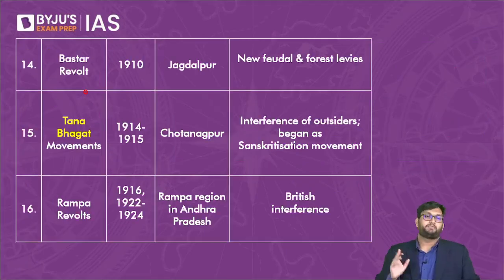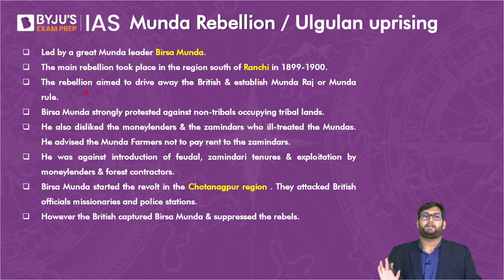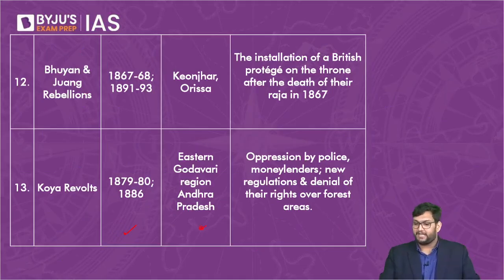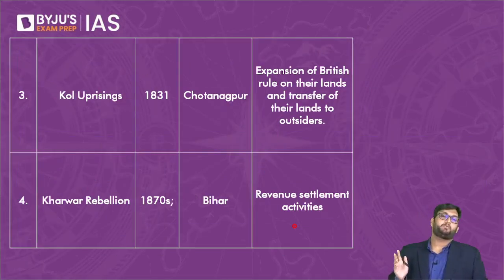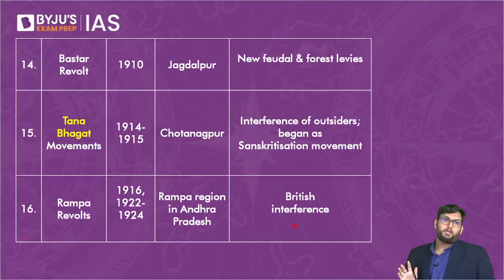Simply, the ones I am discussing, Kol, Santhal, Munda, are the ones we need to actually pay attention to. Other than that, rather than giving you their basic details, I've added the date, area, and the reason. You don't have to learn it right now. Rather, concentrate on the ones I am discussing with you, specifically starting with Kol.